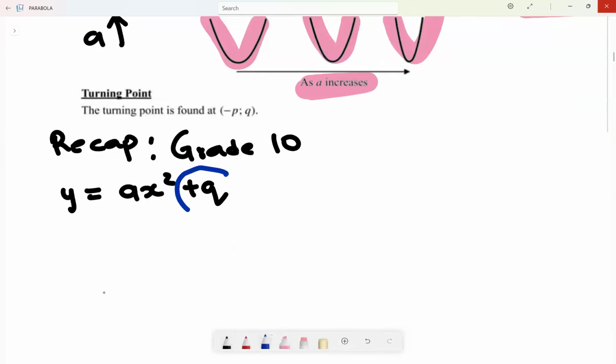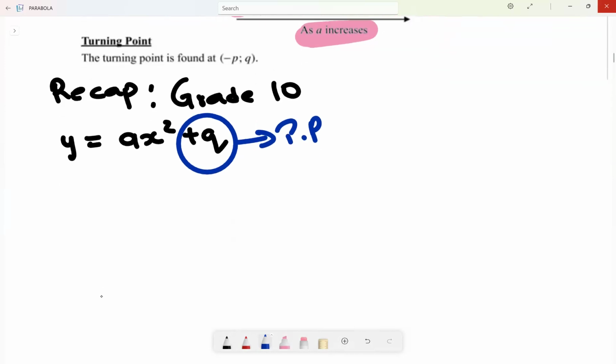Your q in grade 10 was your turning point. What do I mean by that? It means if you had something like y is equal to x squared minus 4, remember your graph is going to look something like this.